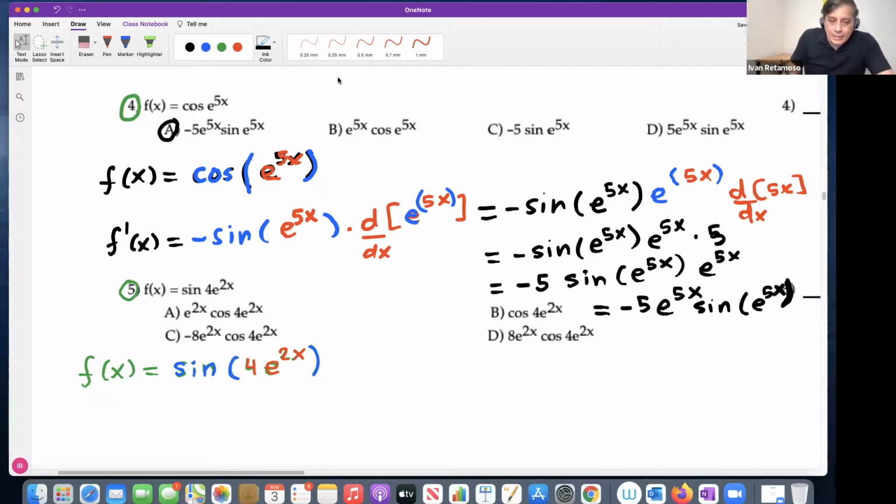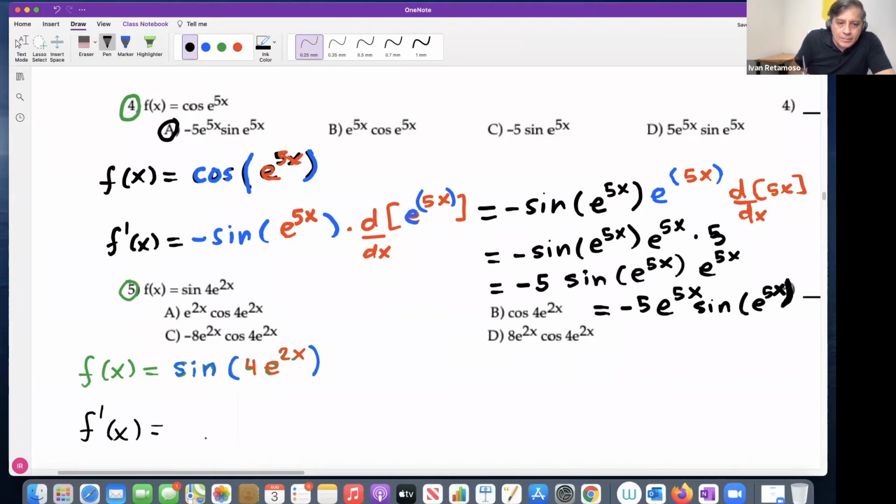Great, right? What will be the derivative of this composite function, sine of 4 times e raised to twice x? Remember, guys, mathematicians very often drop parentheses, but you can write them so that it will be easier to identify what is your outside function, what is your inside function.